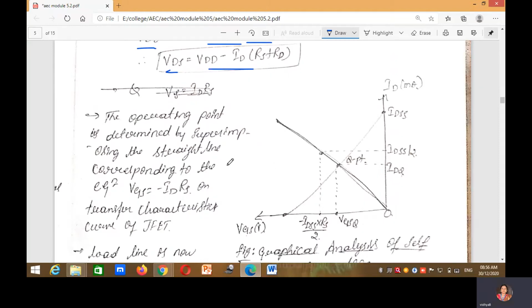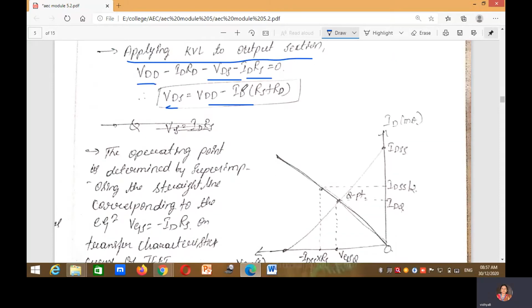So for the DC analysis or load line analysis graph, first we should make ID equal to 0. What will you get if you make ID equal to 0? You will get VDS is equal to VDD.